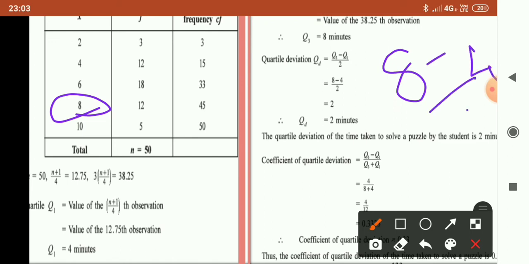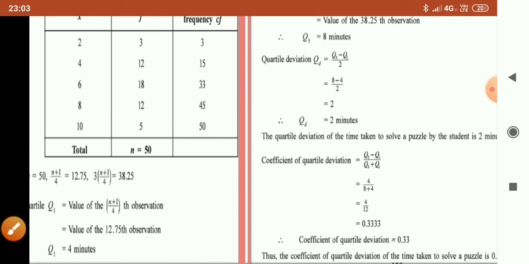So here 8 is the Q3. Now what is the formula? Q3 minus Q1 upon 2. So Q3 is 8 minus Q1 is 4, divided by 2. 8 minus 4 is 4, 4 divided by 2 is 2. So here quartile deviation QD is 2.